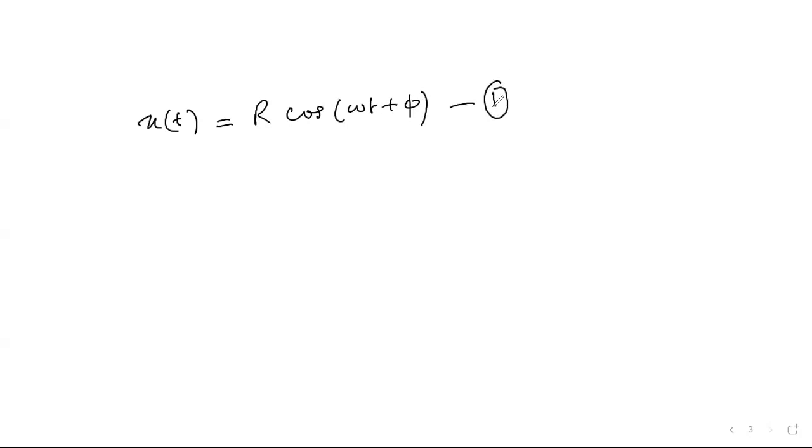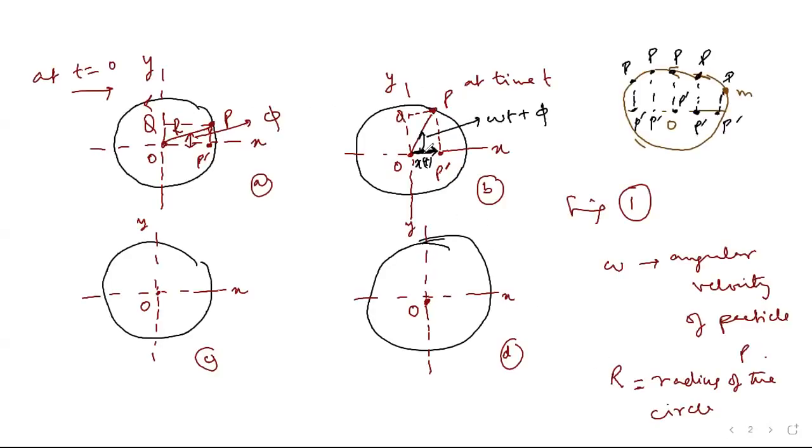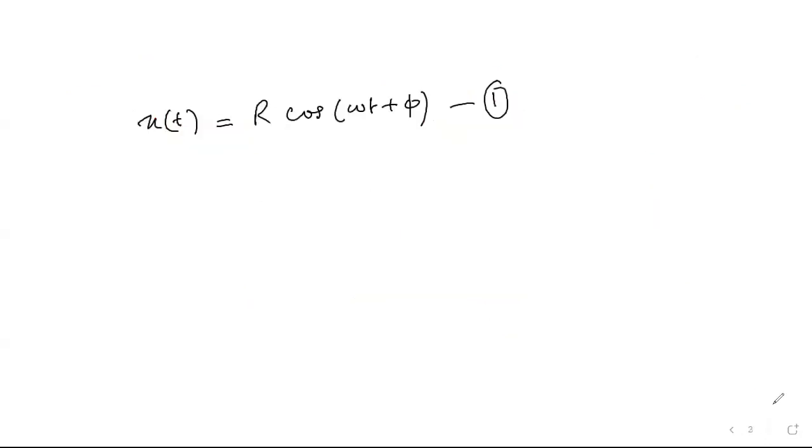Let me name it first. This length is r, because OP is r. So this OP prime distance x of t is r cos(omega t plus phi), right?